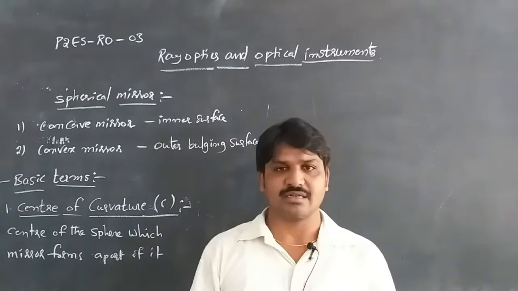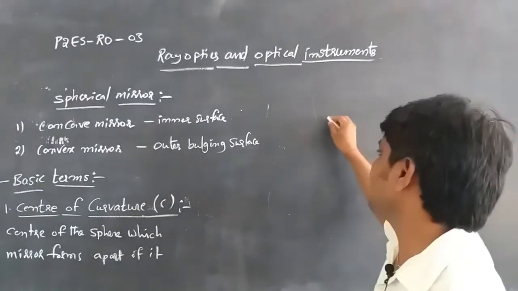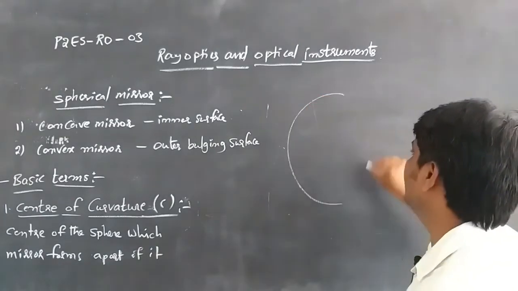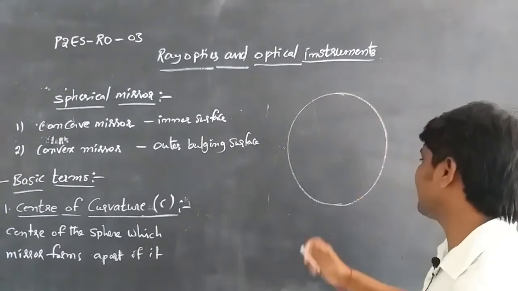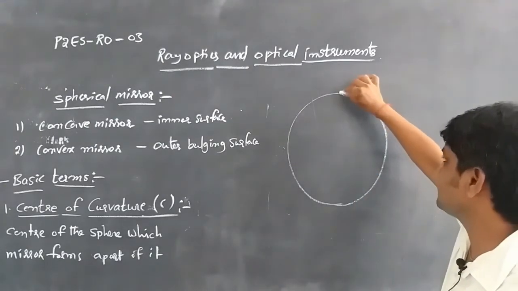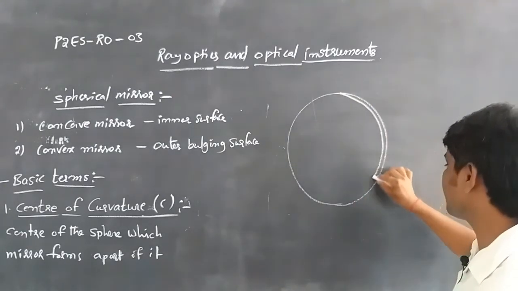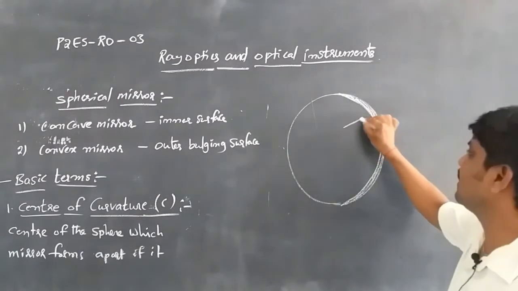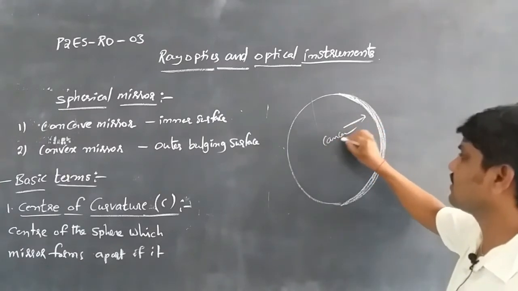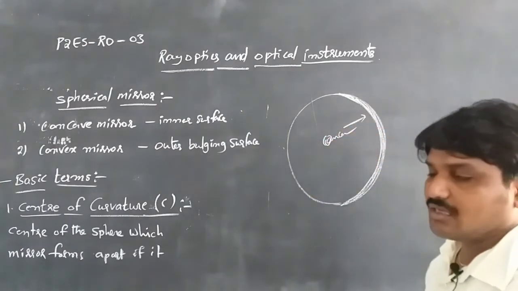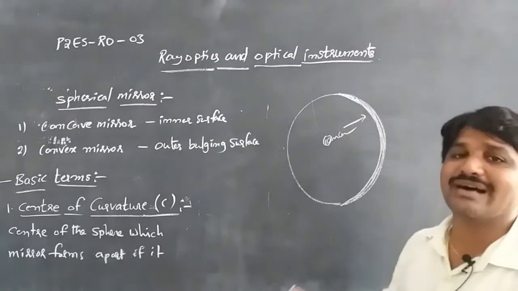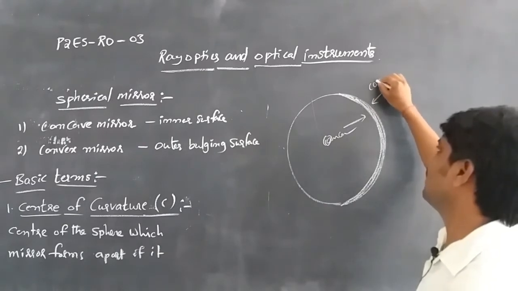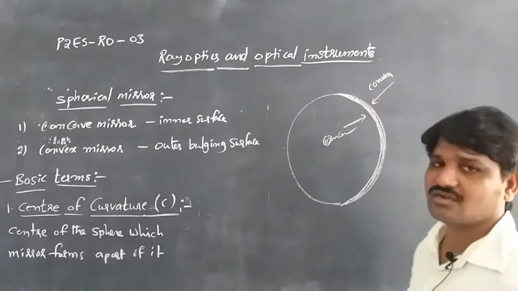When a spherical mirror reflects from the inner surface, it is called a concave mirror. Whenever the reflection takes place from the inner, internal surface, it is called a concave. If the reflection takes place from the outer bulging surface, the outer surface, it is called a convex mirror.